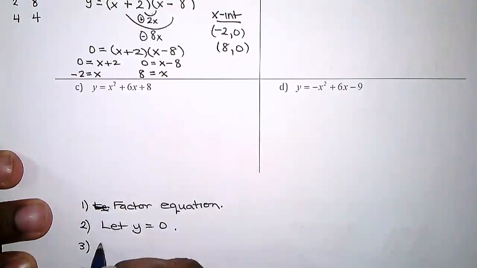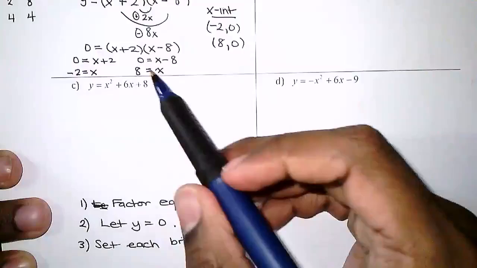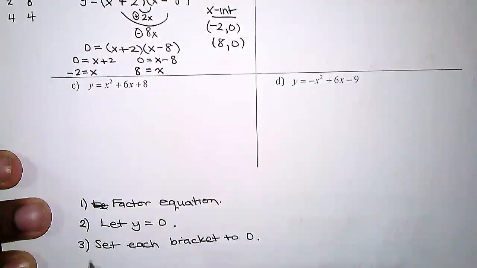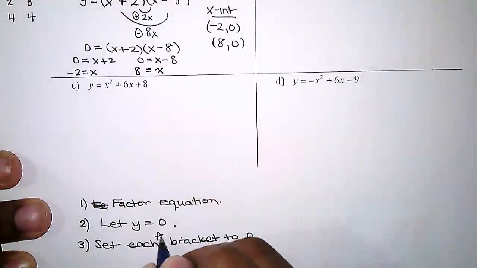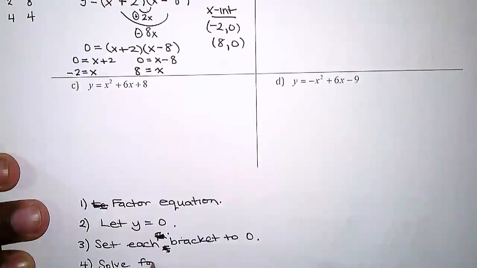The third thing you do is set each bracket to 0. So that's what we did up here. This factor was set to 0 and this factor was set to 0. Set each bracket, or factor, to 0. And then solve for the x values.